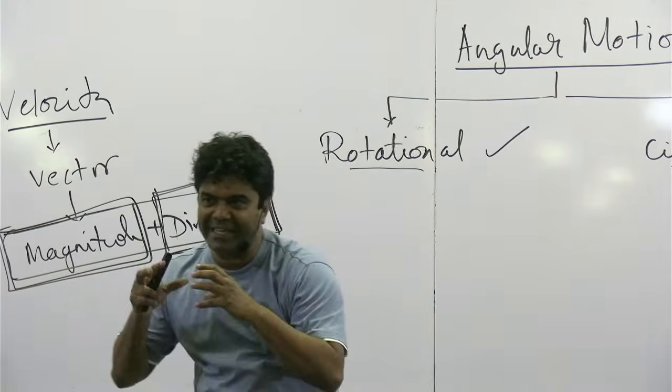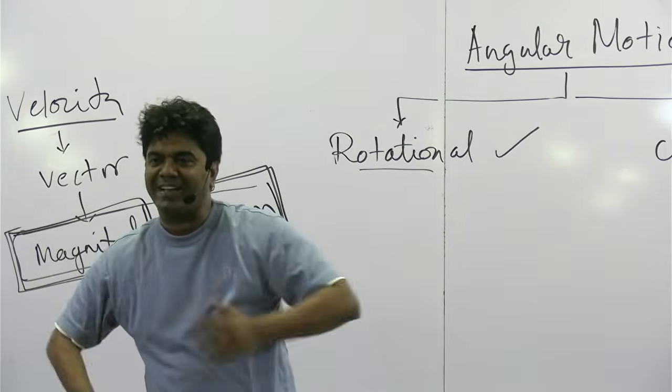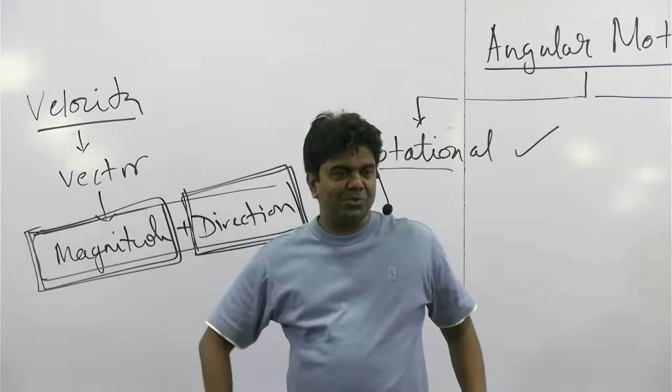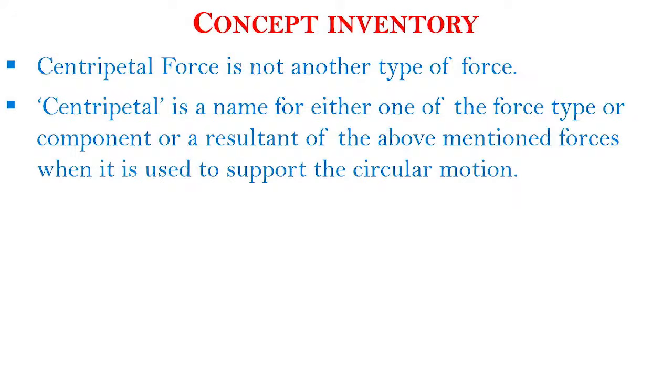If normal reaction is supporting a circular motion, we call that normal reaction centripetal force. Is this clear? Centripetal force is not another type of force. Centripetal is a name for one of the force types, or a component or a resultant of the above mentioned forces, when it is used to support the circular motion.